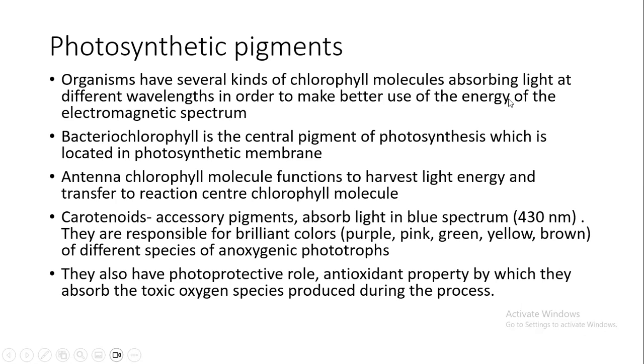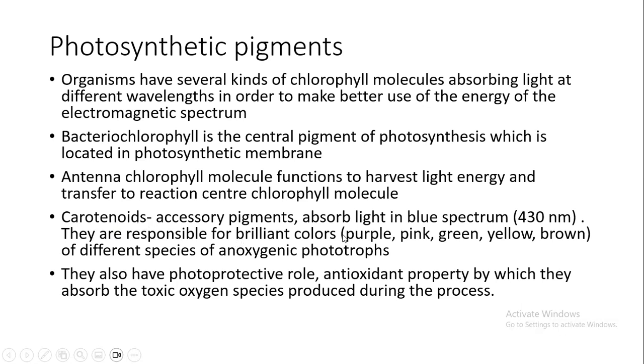In the case of bacteria, bacteriochlorophyll is the central photosynthetic pigment, while there are other chlorophyll molecules such as the antenna chlorophyll molecules that function majorly for harvesting light and transferring the light energy to the reaction center chlorophyll molecule. Then other pigments known as accessory pigments, such as carotenoids, are also involved.